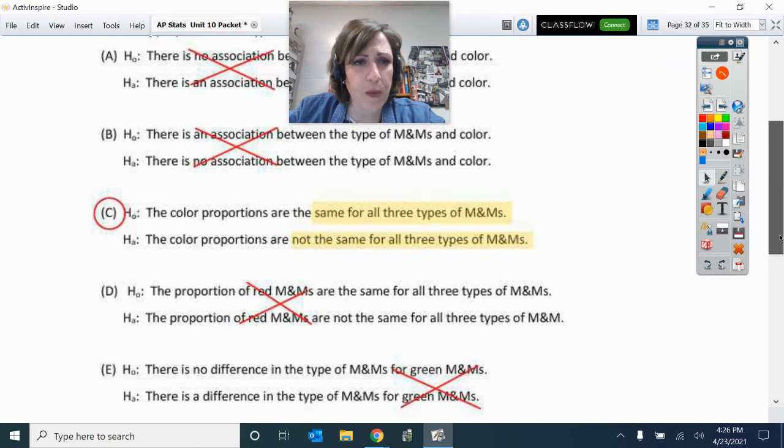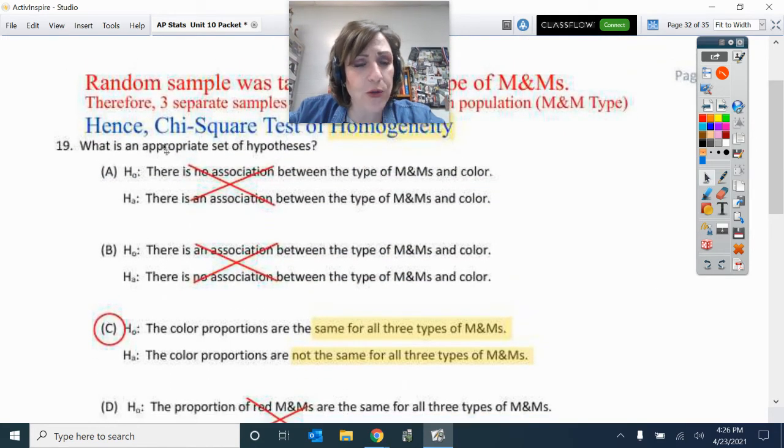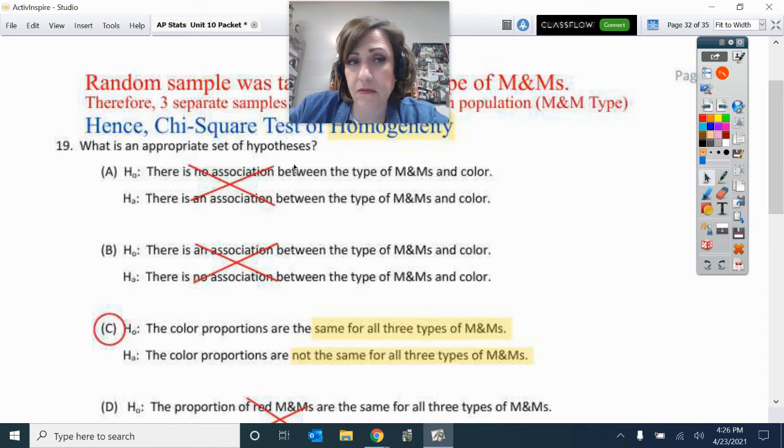So the rest of them are pretty easy to cross out. You may have wondered about answer choice A. Answer choice A says, it could be correct if it was just one sample, that the type of M&M and color are related or not. So the null hypothesis would have said there is no association.